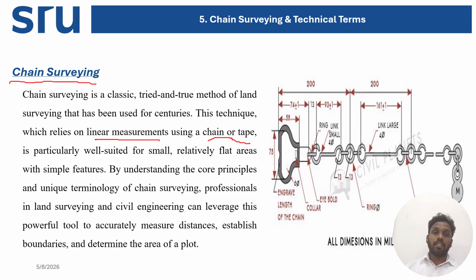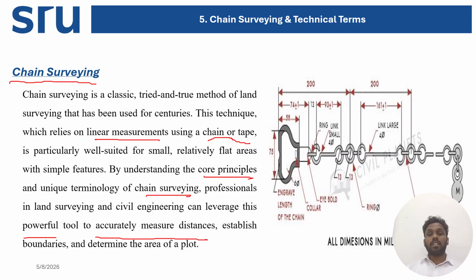That is called a chain survey, right? It is well suited for small, relatively flat areas with simple features. By understanding the core principle of this measurement, a professional land surveyor can leverage this powerful tool to accurately measure distances.